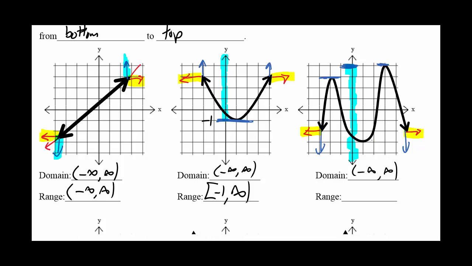Let's see, that would be 1, 2, 3, 4, right there. So there's no y value above 4. All the y values are going to be below it, and any number I can think of below 4 will show up in this graph. So my range is going to go from negative infinity up till 4, and then it's going to stop at 4.